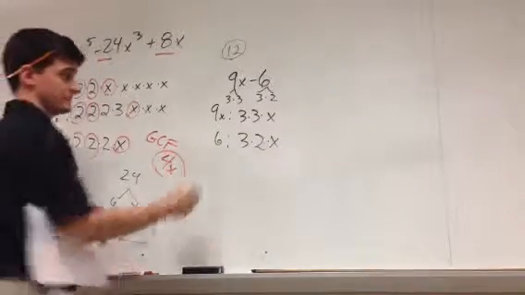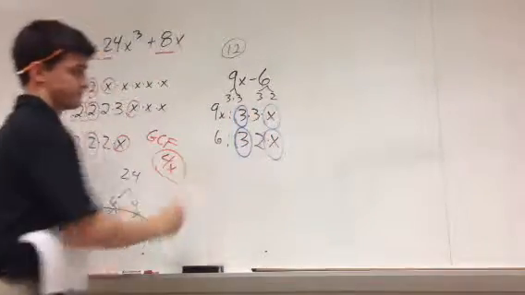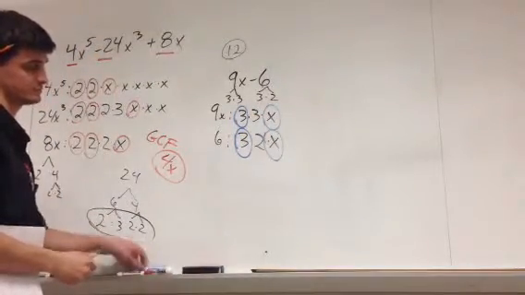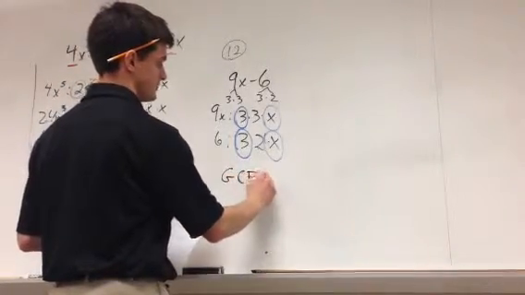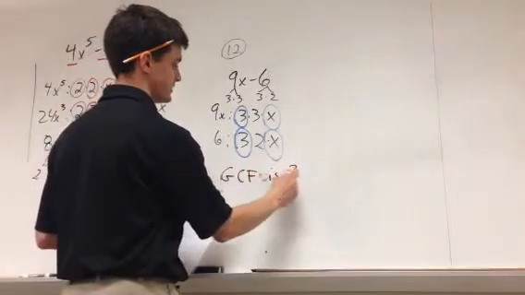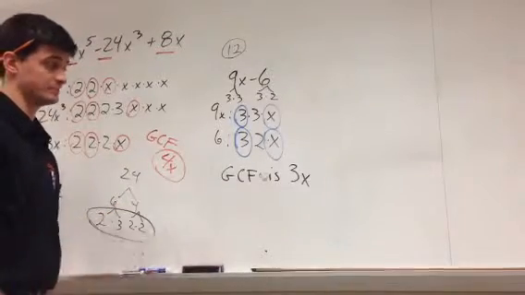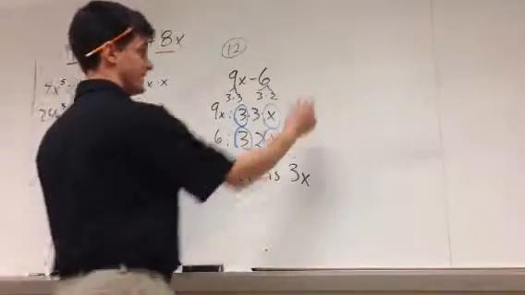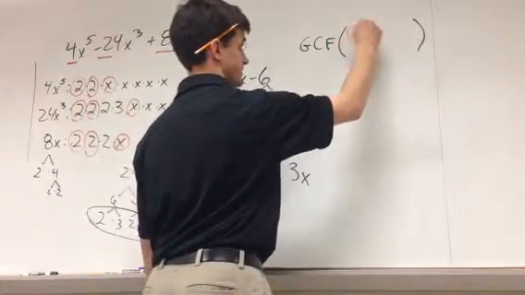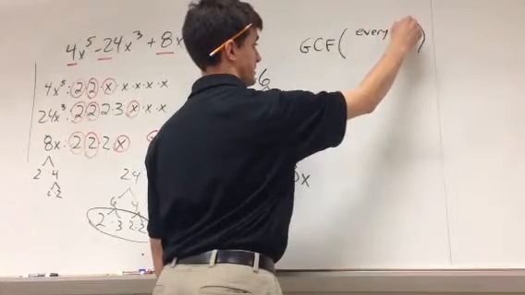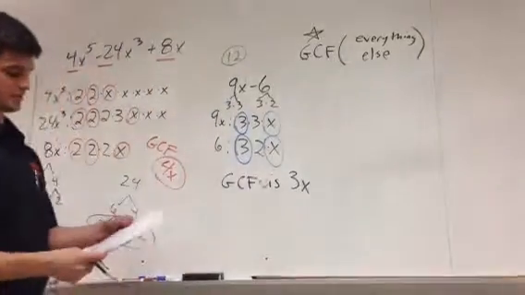They each have a 3 in common. And they each have an x in common. So the greatest common factor is 3x, 3 times x. And then to write that in factored form, all you do is bring the GCF outside and then put everything else in parentheses. So this would be a pretty good note to take right here for doing number 13 and 14.